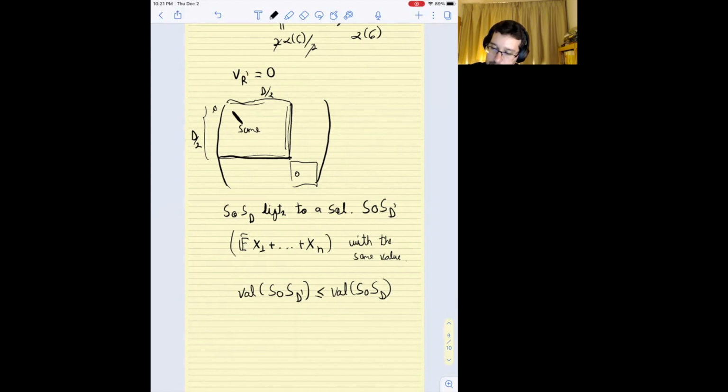So it forces the value to be the same because of this inequality. The solution that we have forces the optimal value to be at least the value of SOS D. Then we have equality throughout, because this is a maximization problem, and for the point, it's going to be at least that or larger, and then we are going to have equality.